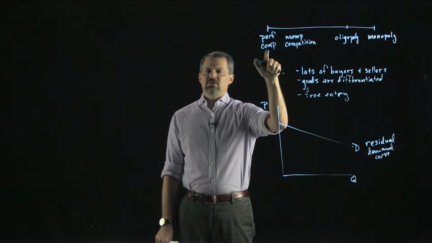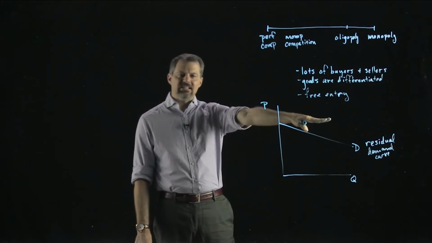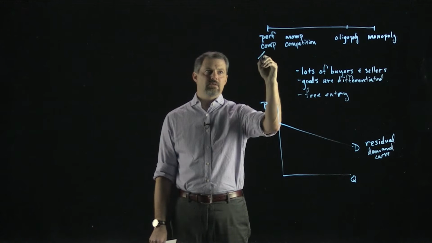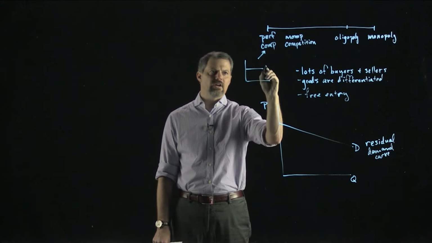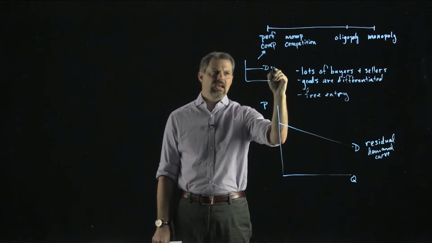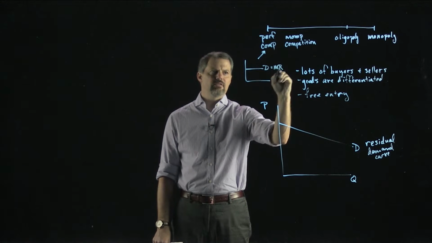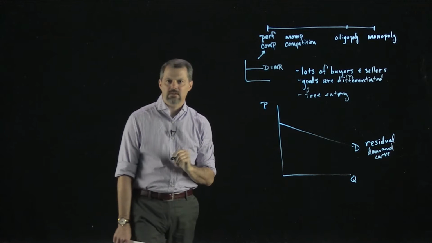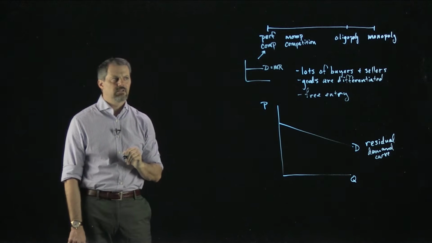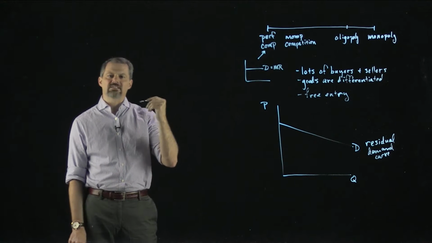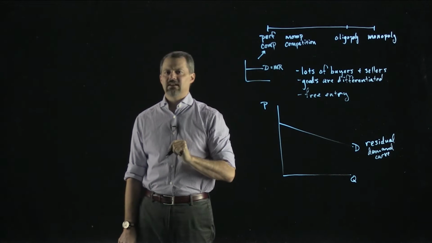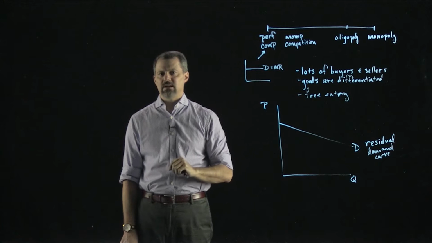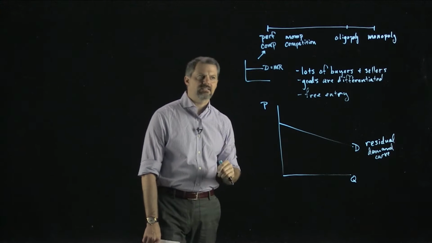With perfect competition, each firm faces a perfectly elastic demand curve. So the demand curve faced by a perfectly competitive firm we know is horizontal. There's the demand curve they face, and the marginal revenue curve that they face lies right on top of the demand curve. That's when there are perfect substitutes. The goods are identical here. So the demand curve that they face, also a residual demand curve, is perfectly elastic.